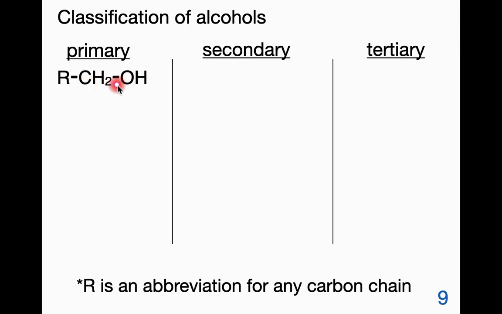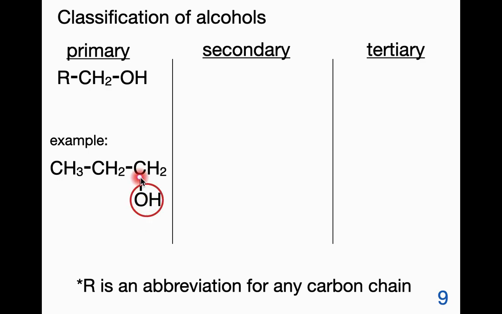So in this case, for a primary alcohol, we're interested in the fact that the hydroxyl group is bonded to a carbon that is itself bonded to only one other carbon. So here's a real example. So the hydroxyl group bonded to this carbon, which is bonded to only one other carbon. So the fact that it's bonded to only one other carbon makes it primary.